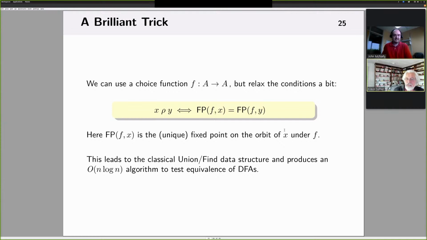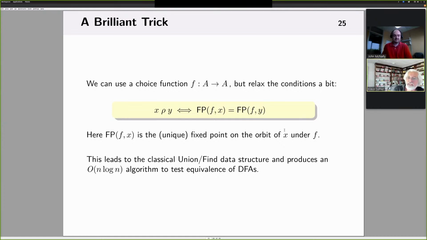And now you can get a new kind of equivalence by saying that I don't insist that f of x is f of y. I'm already happy if the fixed point that I get to from x under f is the same as the fixed point I get to if I start my computation at y. So this is a weaker condition, right? It just says you have to apply f a couple of times before you finally get stuck somewhere, and that's what tells me whether the original starting points were equivalent.